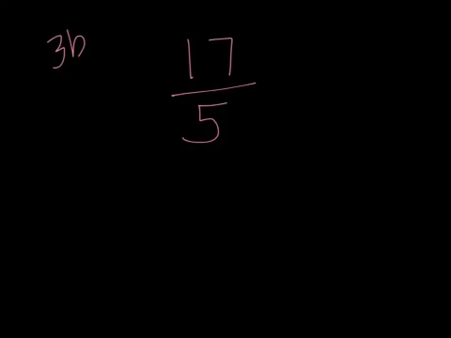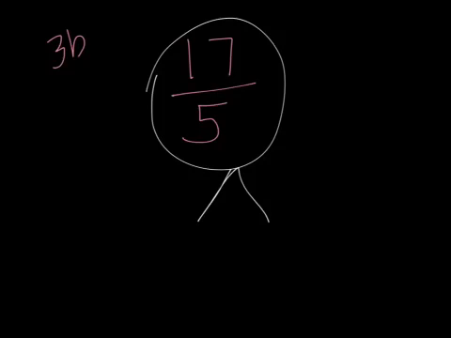Now we are going to decompose 17/5. So the first thing we have to ask ourselves is how many fifths make up a whole? And we know that it is 5/5. So we are going to count by fives until we pass 17. 5/5, 10/5, 15/5, 20/5. We need to stop there because we went over 17/5.